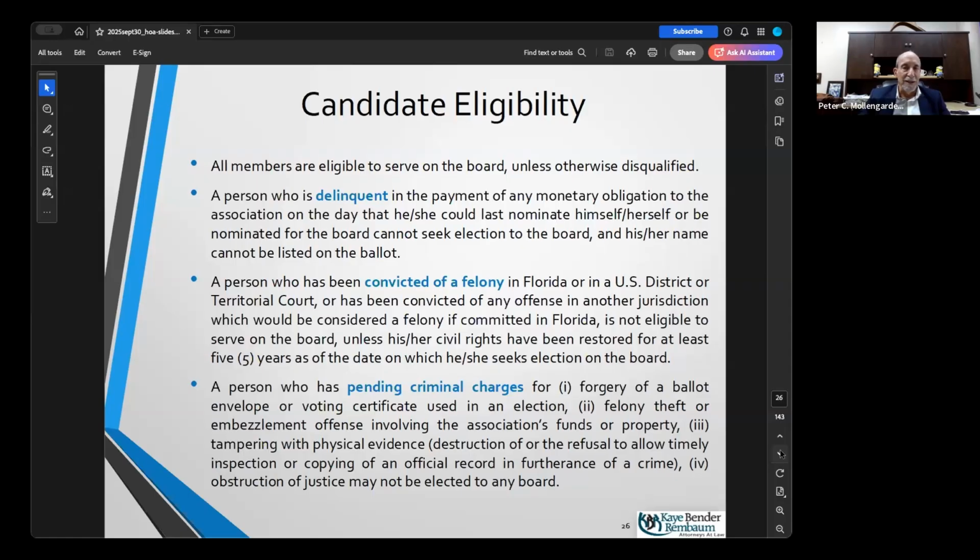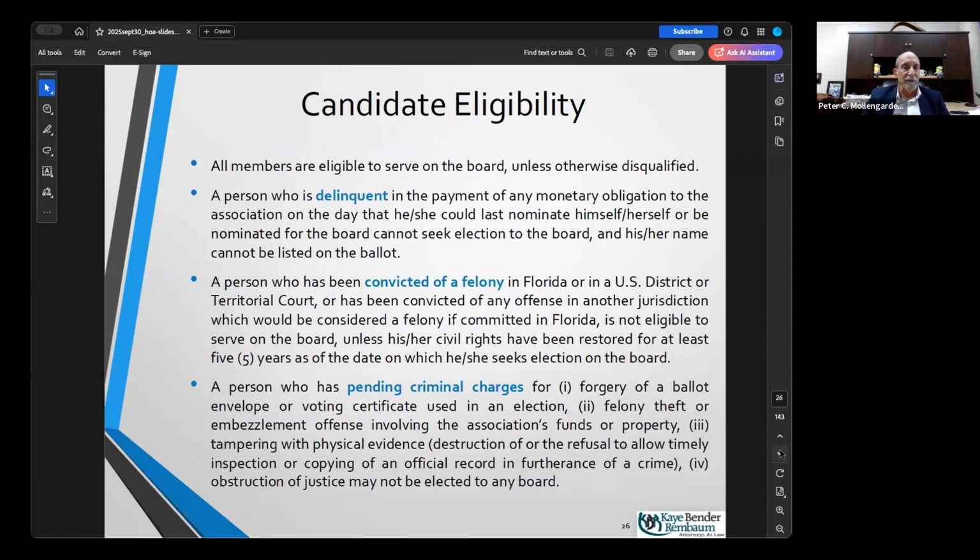Now, what is that last day? That again depends upon your documents and how the nomination process is conducted. But basically, whatever that last day is, on that day, he or she cannot be delinquent.